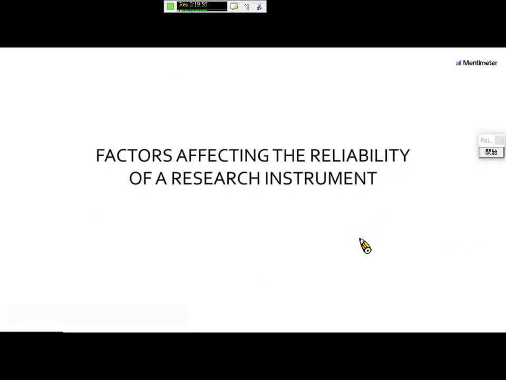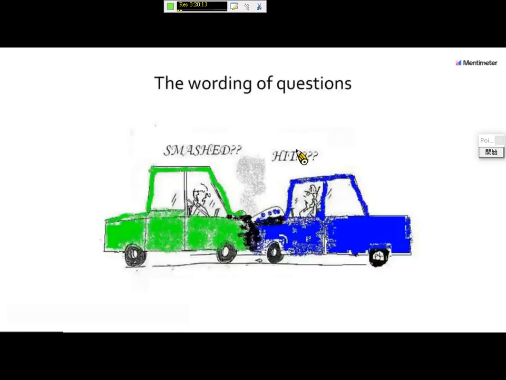So let's talk about the factors affecting the reliability of a research instrument. When we say reliability, we talk about internal precision and external measurement consistency, right? Okay, so let's try to identify some of the factors. The first one is the wording of the question.